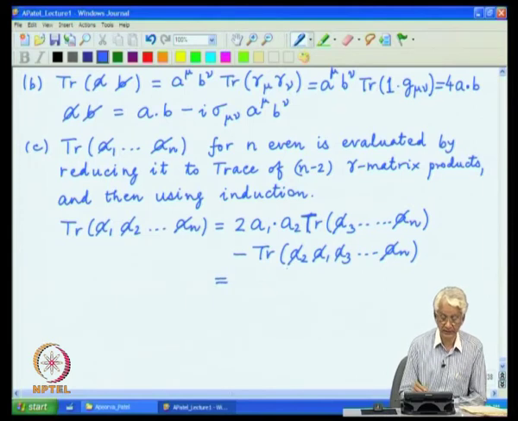but now we can repeat it in a simple manner, that first we commuted A1 through A2, now A1 is next to A3, we will commute it through A3. So, we will get 2 A1 dot A2 trace A3 slash AN slash as in the first line.